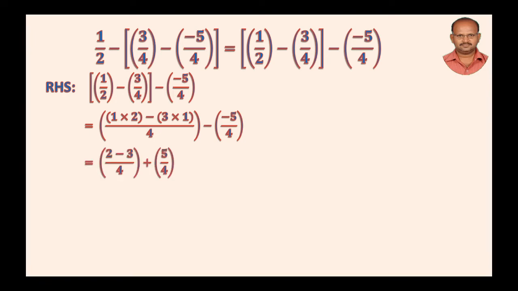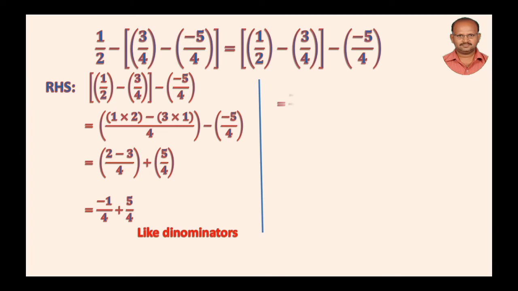Then that is equal to 2 minus 3 by 4 bracket close plus 5 by 4. Then that is equal to minus 1 by 4 plus 5 by 4. Here 4 and 4 are the like denominators. Then that is equal to minus 1 plus 5 by 4. Then that is equal to 4 by 4.